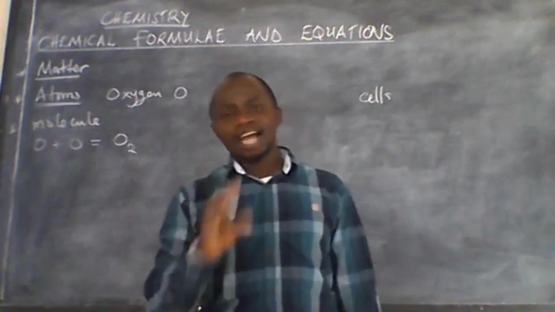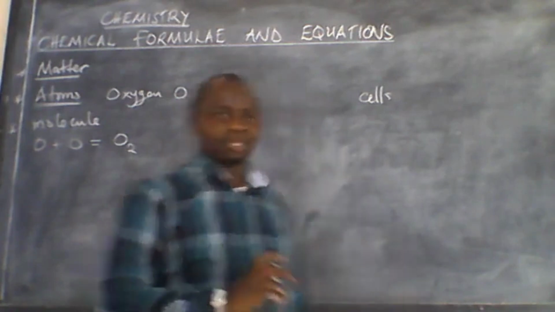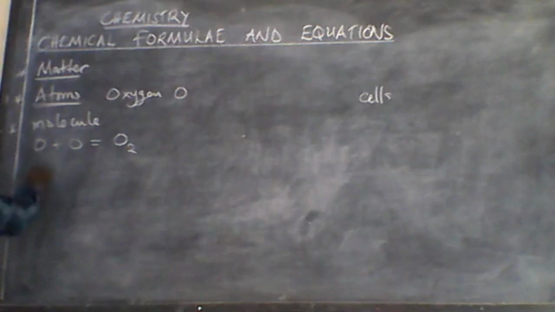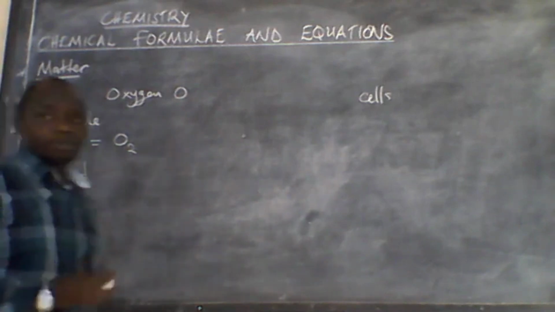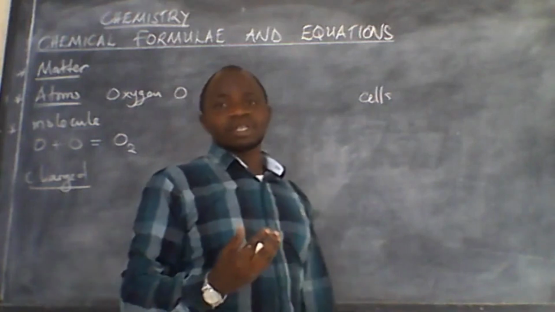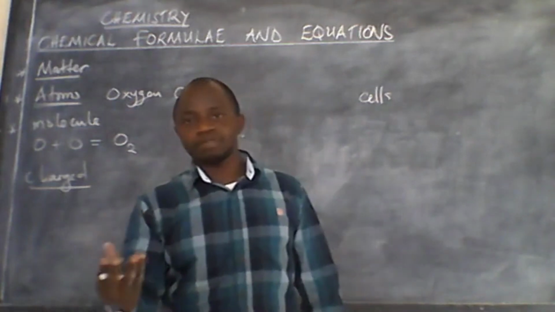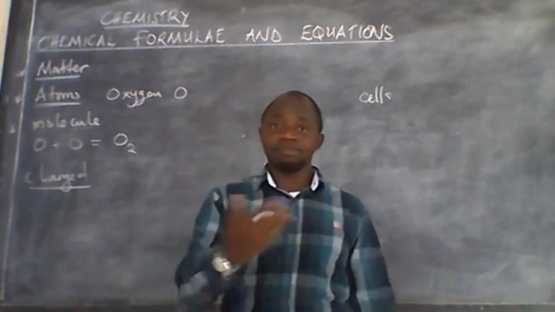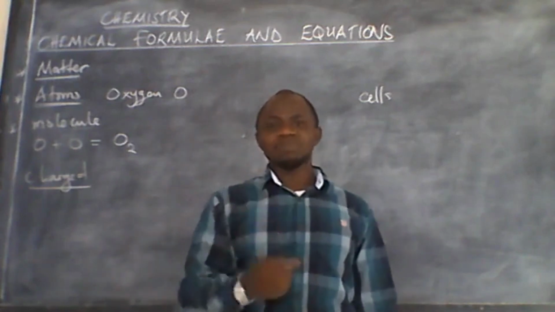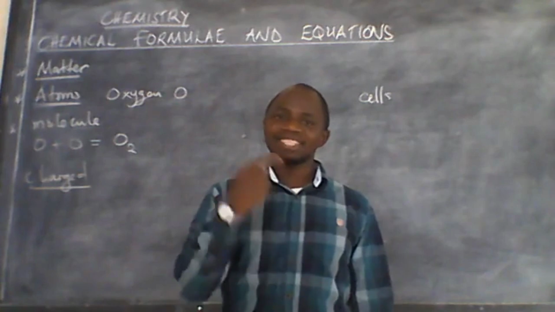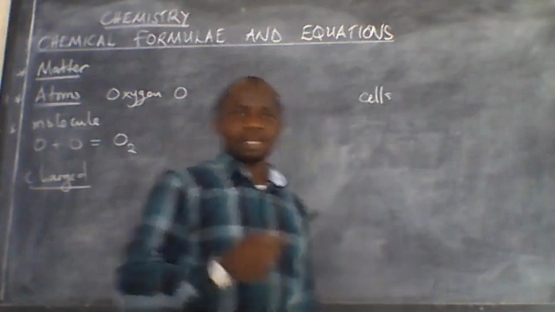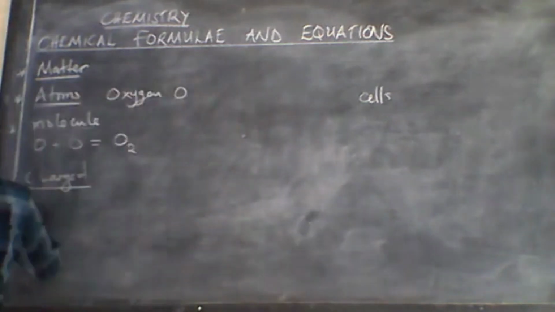If an atom is charged, what we mean by charged is that it can either have a positive or negative charge. If an atom is charged, that atom or element will be called an ion.